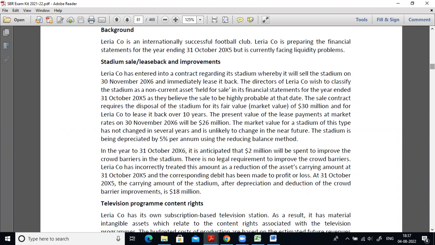The company has incorrectly treated this amount as a reduction of the asset's carrying amount at 31st October 2005, and the corresponding debit has been made to profit or loss. At 31st October 2005, the carrying amount of the stadium after depreciation and the reduction for the crowd barrier improvement is 80 million. I request you to please go through this once.